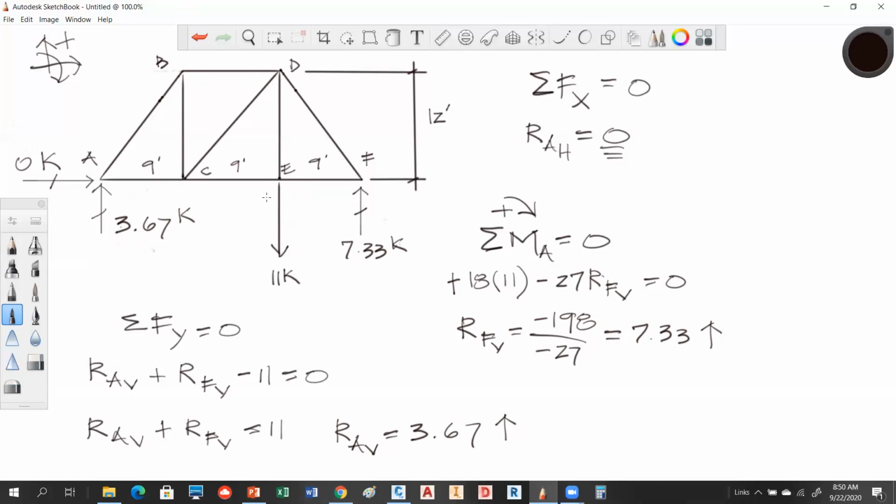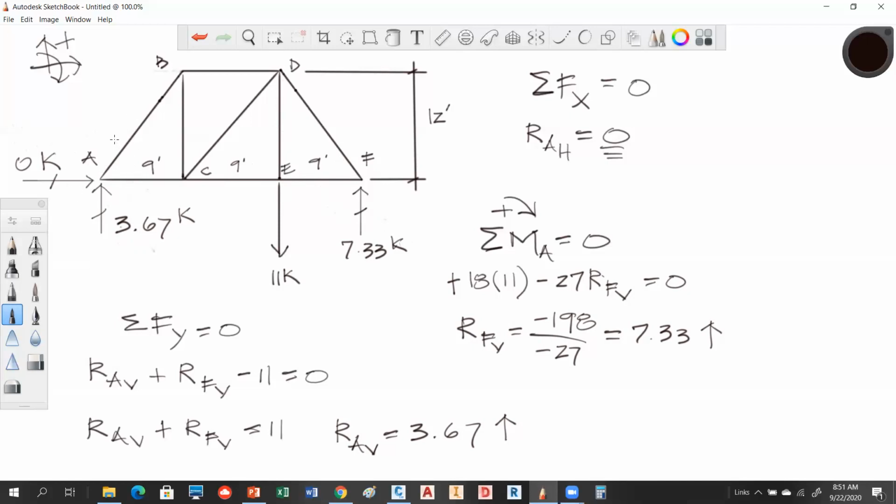Okay. E, you could actually solve member ED, but you couldn't solve CE or EF. So that wouldn't be a good place. So typically, what you're going to find is the reaction at A or the reaction at F are going to be one of the two best places. So I'm going to go ahead and start at reaction A.